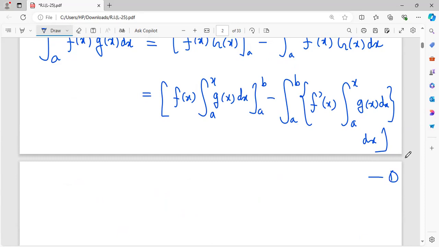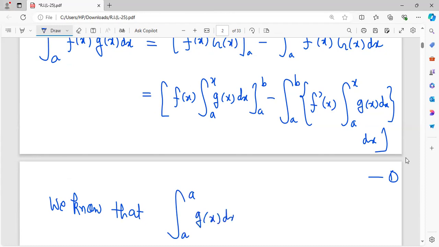We know that the integral from a to a of g(x) dx is actually 0. So from 1 and 2, what do we have?